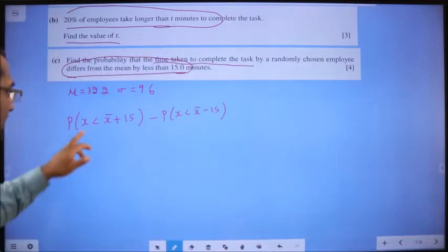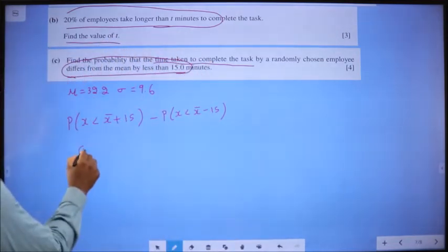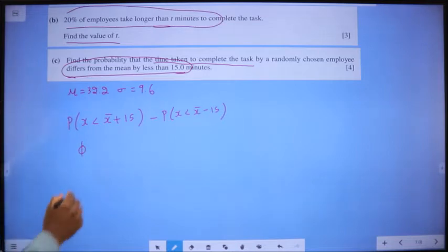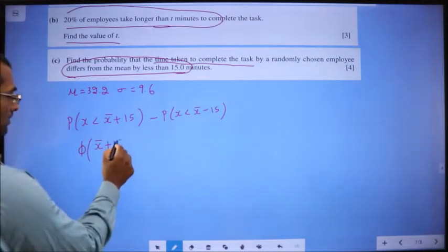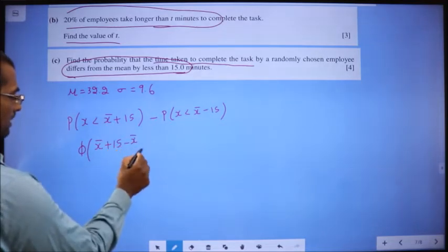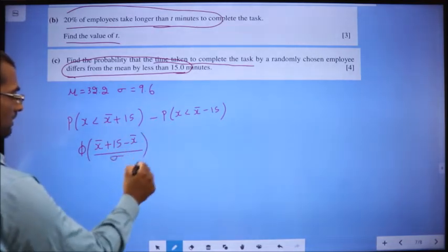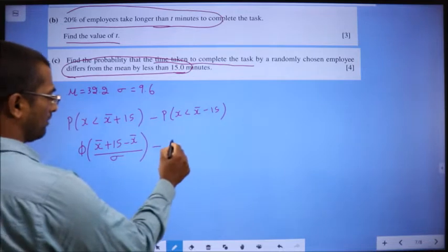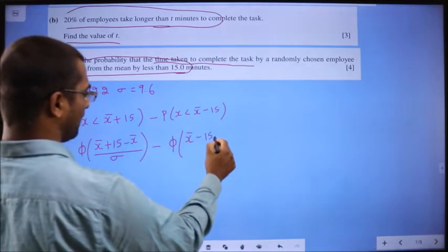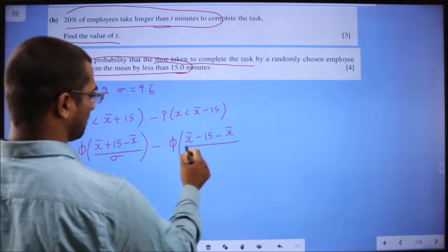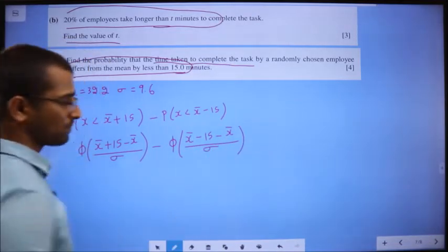Next, it's anyhow less than, so directly phi will come. Phi of x bar plus 15 minus x bar by standard deviation. Over here as well, x bar minus 15 minus x bar by standard deviation.